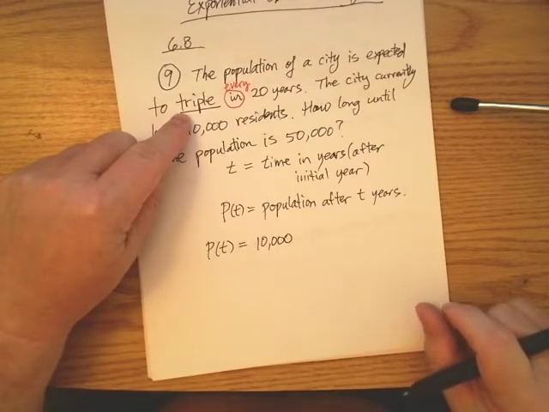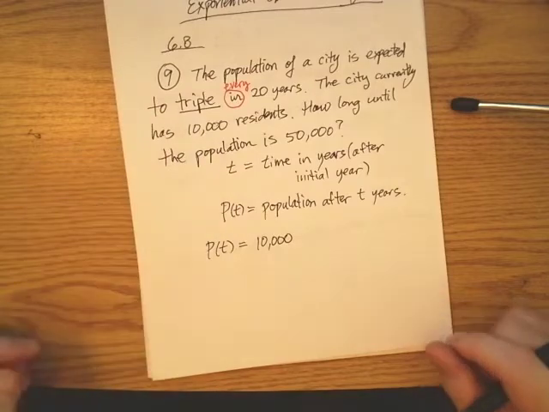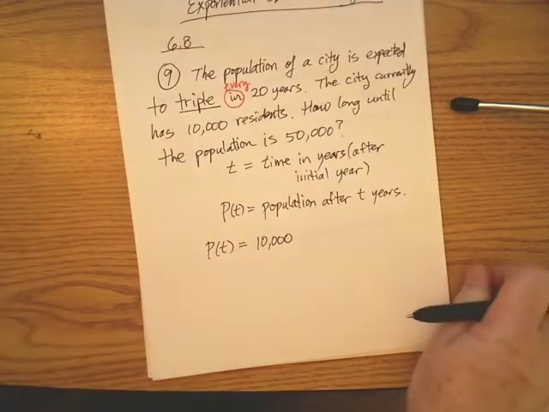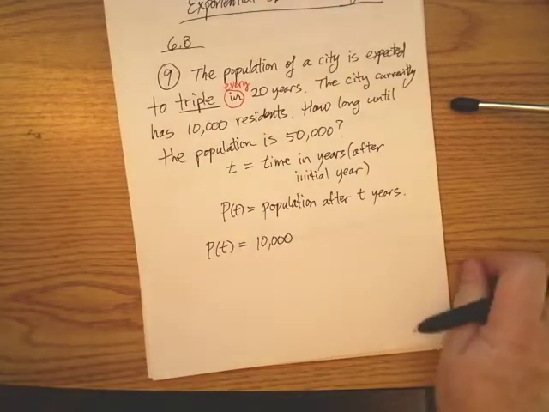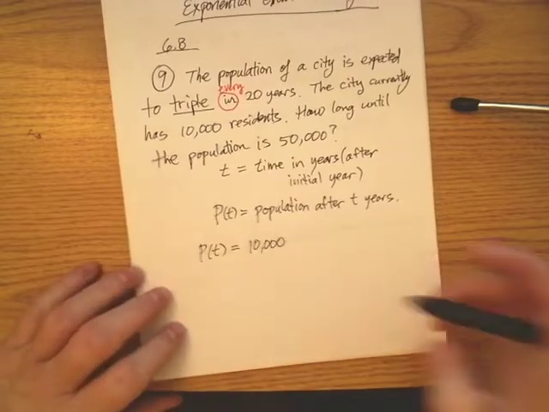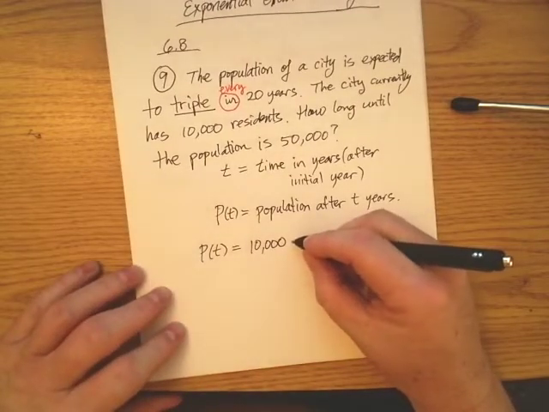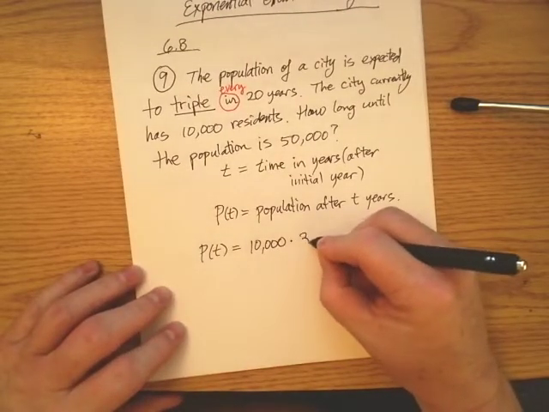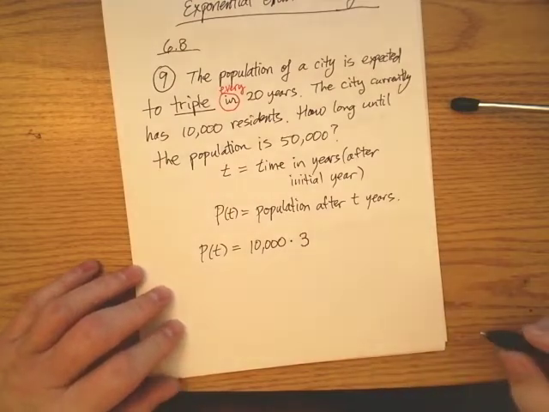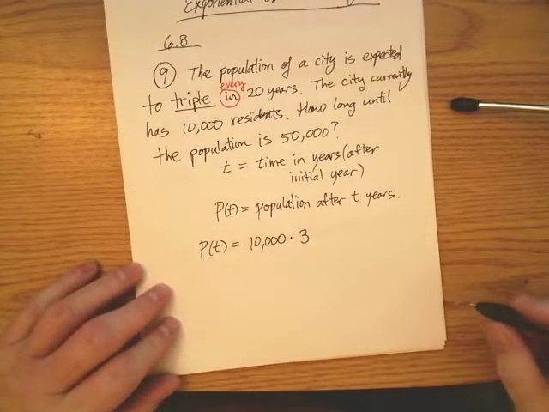It means to multiply it by a factor of 3, right? If you've got $7 and you triple your money, you're going to have 3 times that much. You're going to have $21. So the point is it's being tripled over and over again, possibly, for as long as this model holds. So you're multiplying it by a factor of 3.